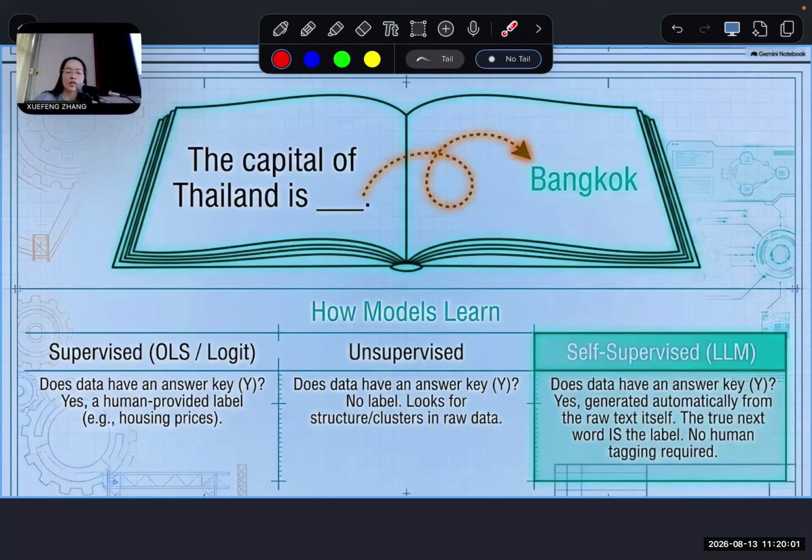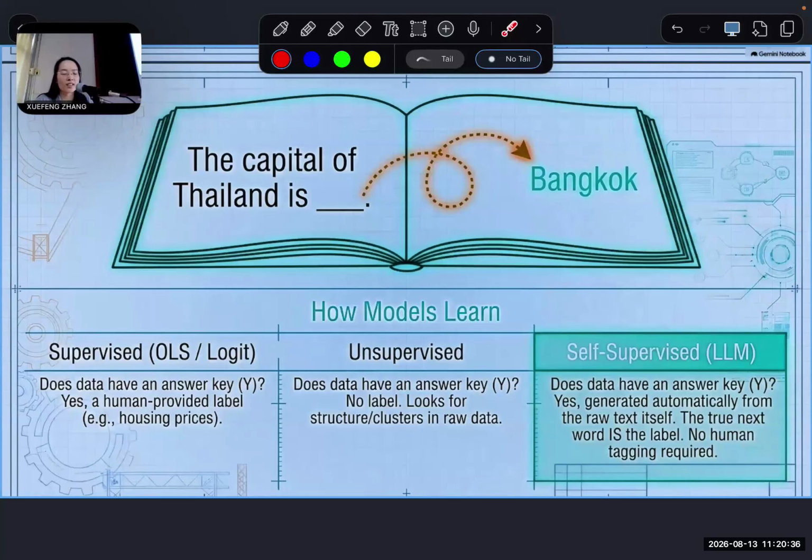So if you enter this sentence in AI, the model predicts Bangkok, but where did the correct answer come from? Nobody sat down and manually labeled it, okay? The answer was already sitting in the training text. The model just learned to hide the last word and predict it from everything before it. So here we have supervised learning, okay?